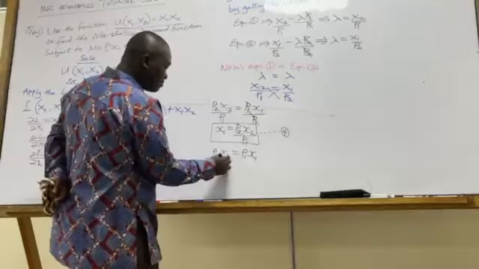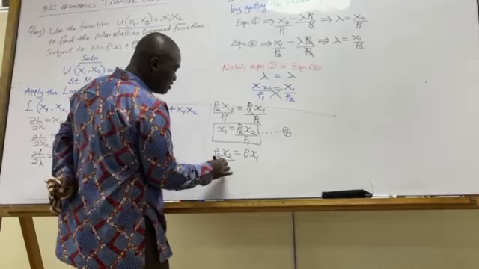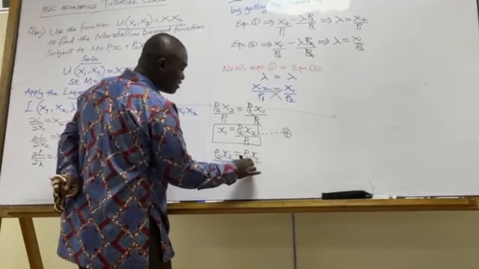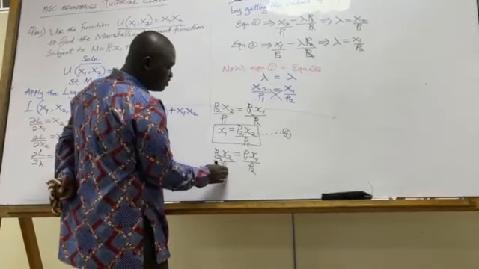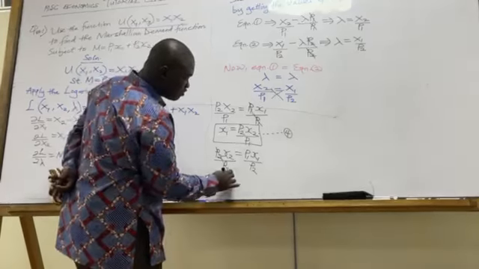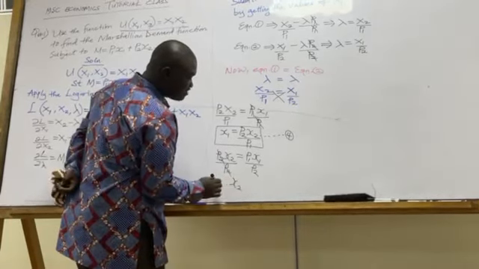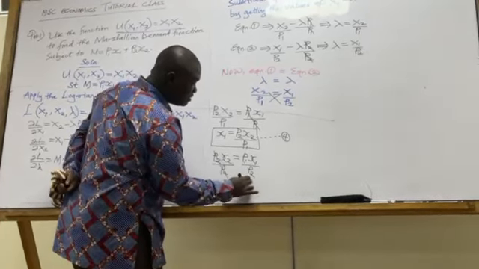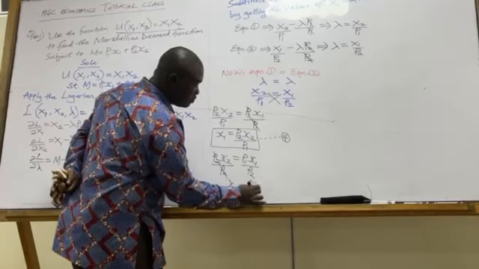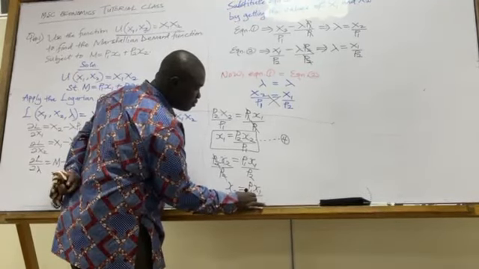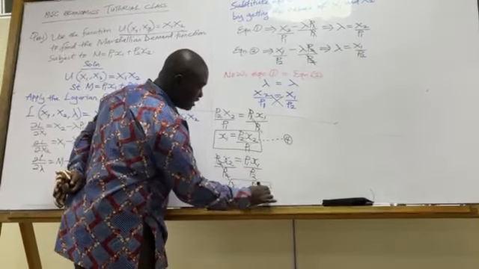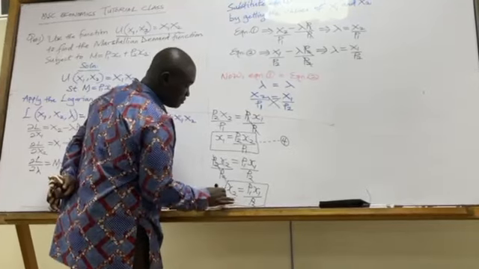So in doing so, we divide both sides by what? P2 and divide this side by what? P2. So you'll notice that P2 cancels P2. So therefore we have x2, which is equal to P1x1 all over P2. I hope you are listening and following.